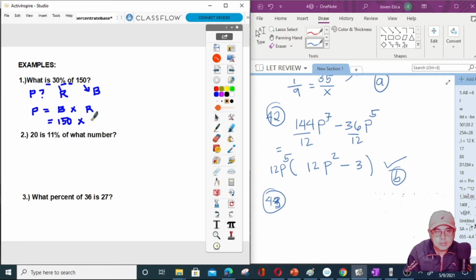Put it in decimal representation, 30% is also equal to 0.3.